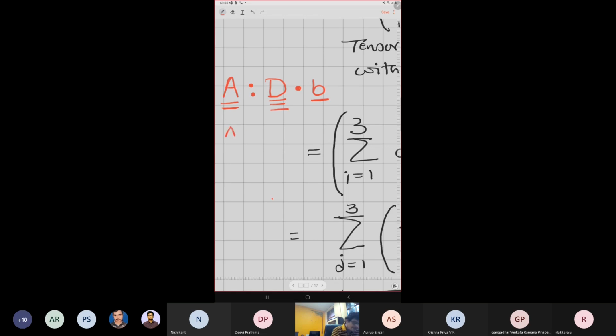So just to help you out, Aij, Dmn, Pq, BQ. Introduce double condensation, the single condensation, step by step. Try to help me out.